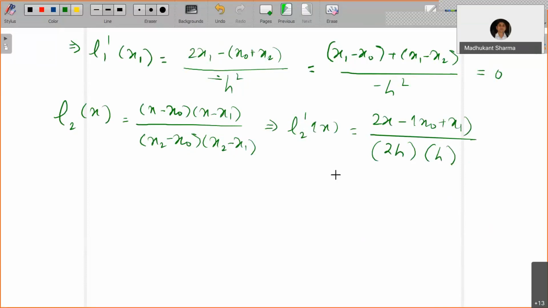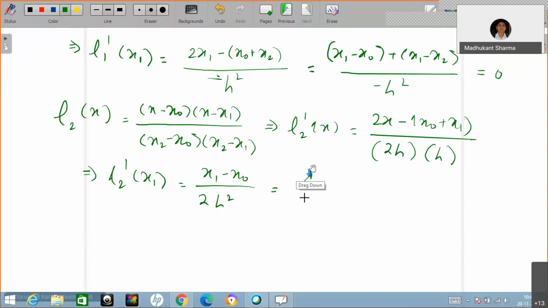Okay, and now this will imply L2 dash at x1 is going to be 2x1 minus x0 minus x1, so x1 minus x0 divided by 2h square, so x1 minus x0 is h, so you will have 1 by 2h.